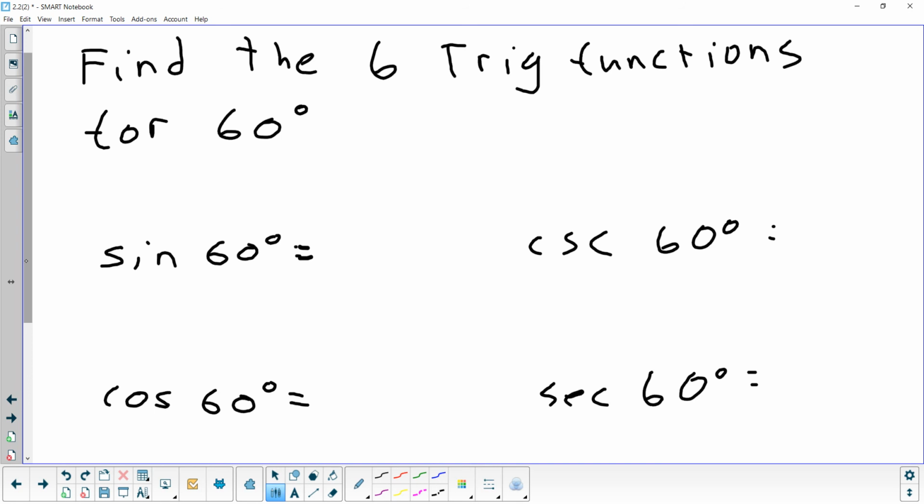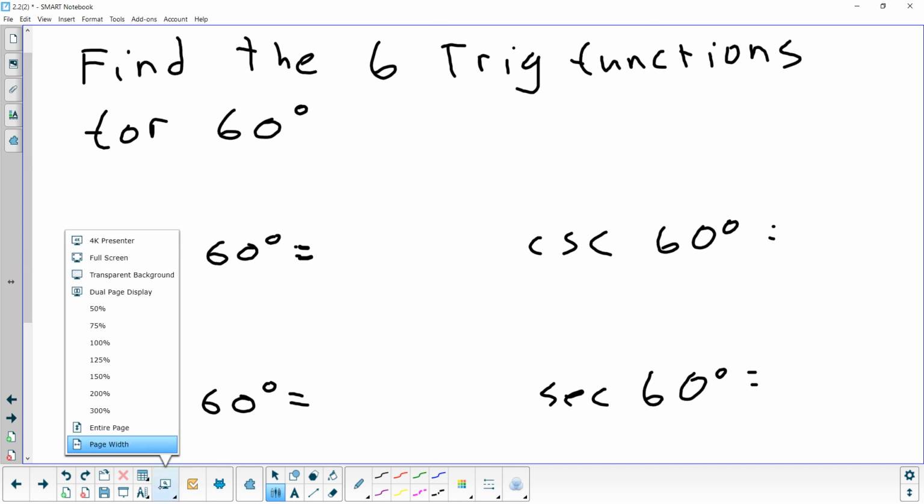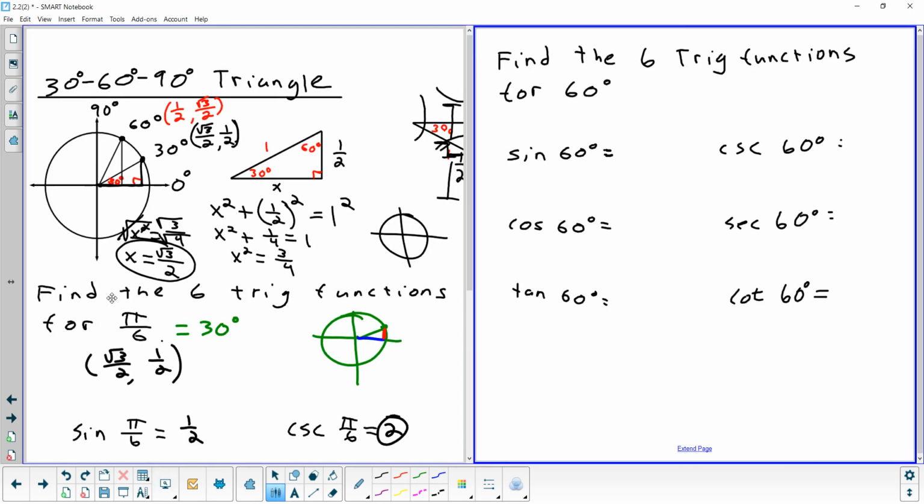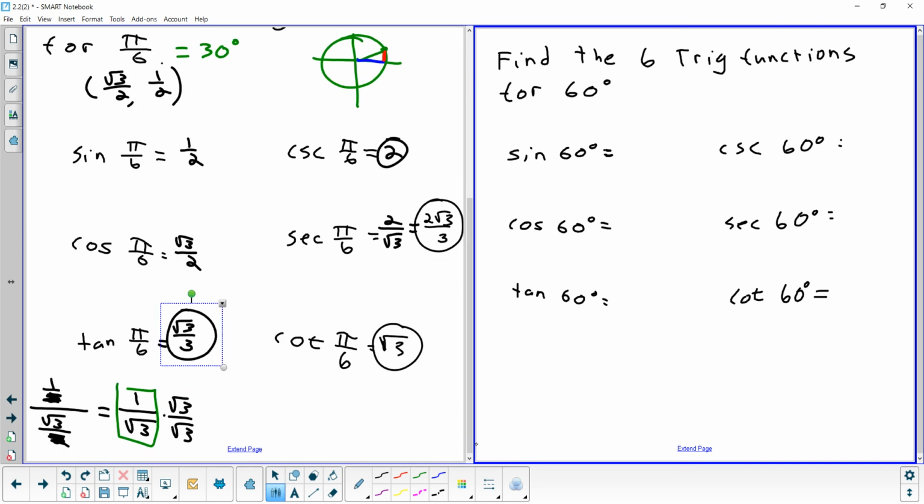See if you can find the 6 trig functions for 60. And then once you do that, we're going to compare the answers that you just got for 30 to the answers that you get for 60. I want to see if there's a pattern that happens. And then we'll look at that pattern, and then that'll be it.